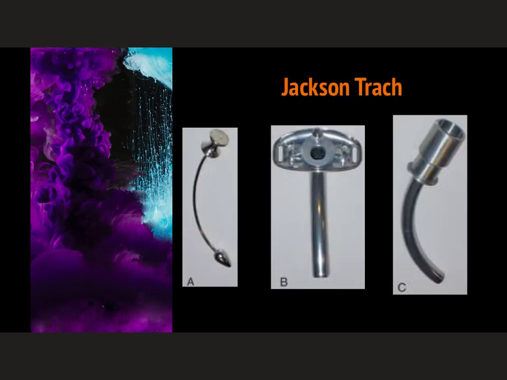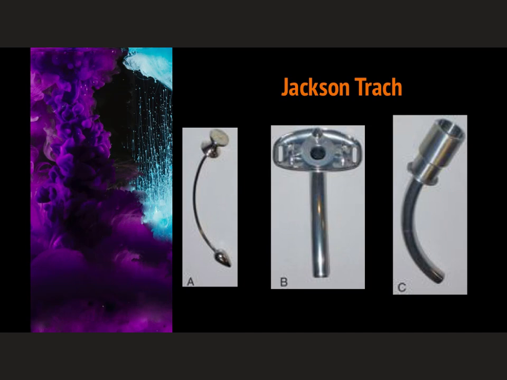So now we're going to talk about different kinds of trachs. So this is a Jackson trach. It's not seen as often. It is metal, and it is usually placed by ENT, which is your ears, nose, and throat doctors. This is also known as the silver Hollinger trach.